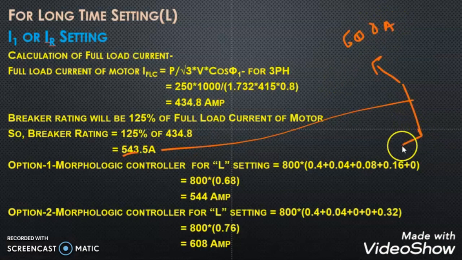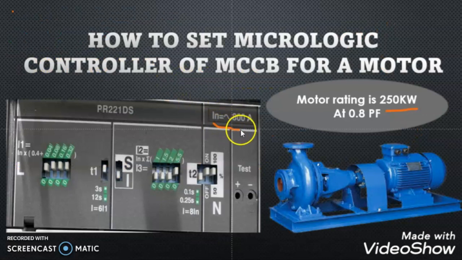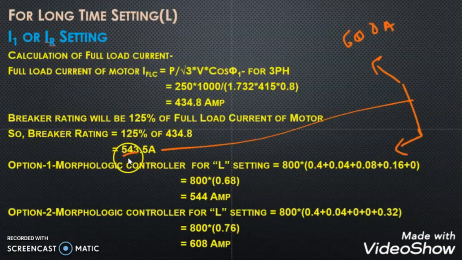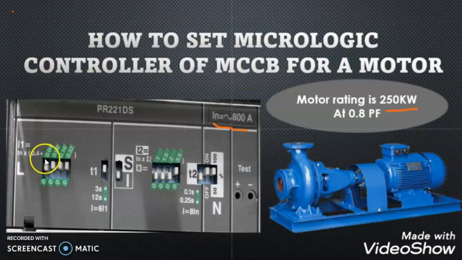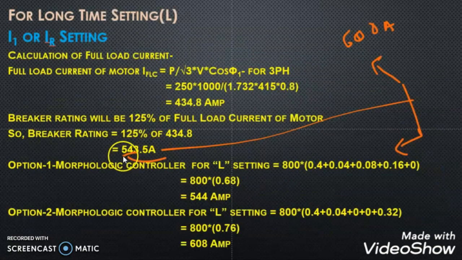Or we can do another thing: we can set this 800 ampere breaker, which has a breaker rating more than 543.5.